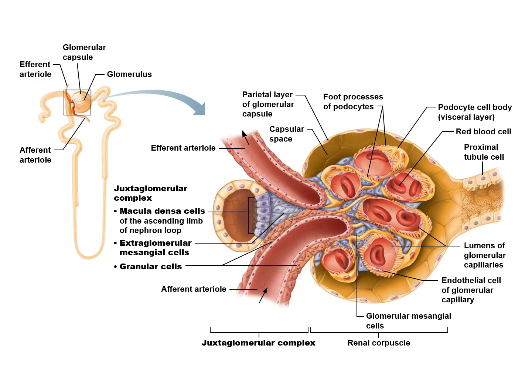Then you have that tube that you see in cross-section. That is going to be either the ascending limb of the nephron loop or the distal convoluted tubule, just depending on which book you're looking at. And notice the purple cells that they highlight there. Those are the macula densa cells. So the cells that are sitting in between in that purple area, those are the extraglomerular mesangial cells.